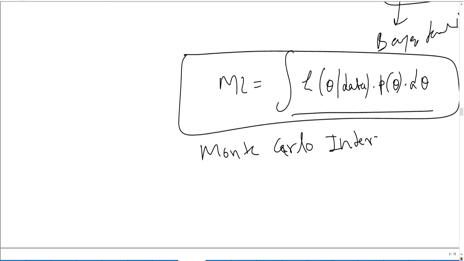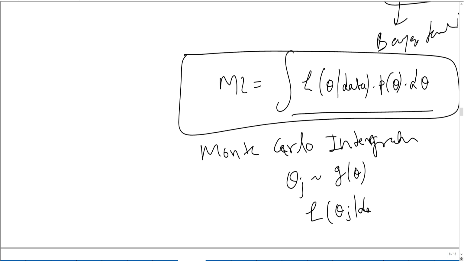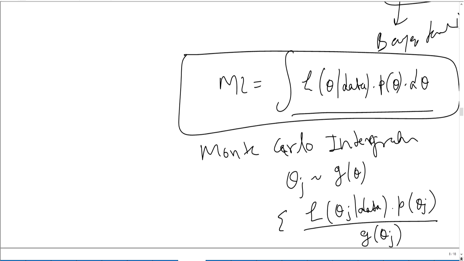How does it work? You draw a lot of samples from some importance density, let us say g of theta. Now, you calculate the likelihood for each theta j and the prior density for each theta j, divide by the importance density of theta j, and take the expected value over all these.